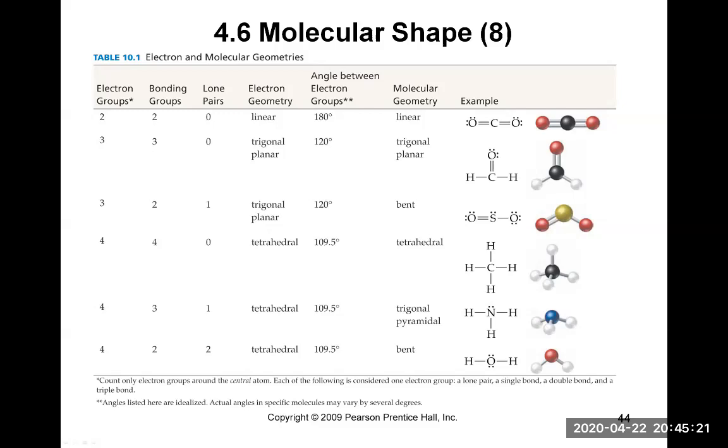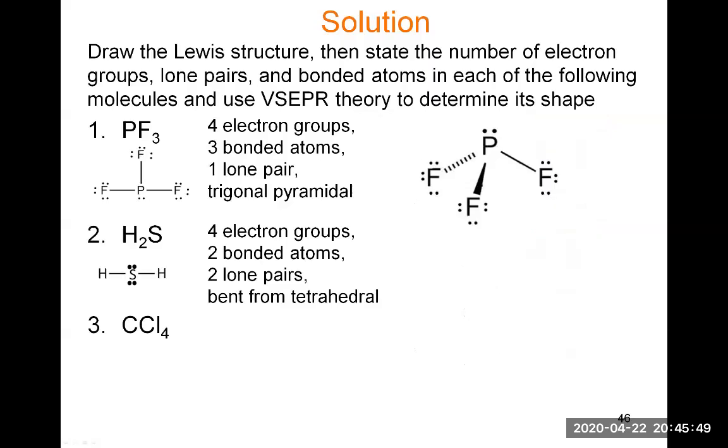It says electron geometry would be tetrahedral, and the molecular geometry is bent. So then it's bent with an angle of 109.5. So H2S is bent from tetrahedral according to the table.